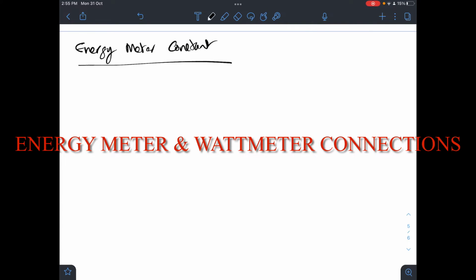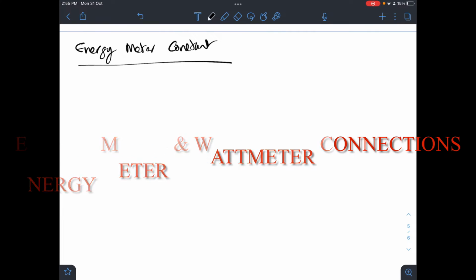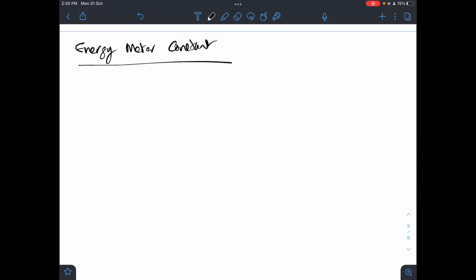Okay, so in the last class we were discussing the construction and working of the energy meter. Now we will go a bit further, mainly about the energy meter constant. So what is meant by energy meter constant? We have seen that depending on energy, we will have a number of revolutions.